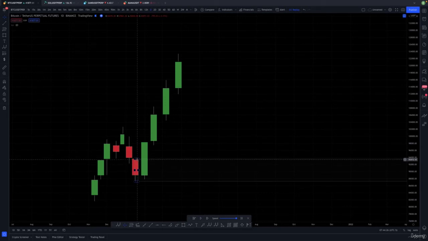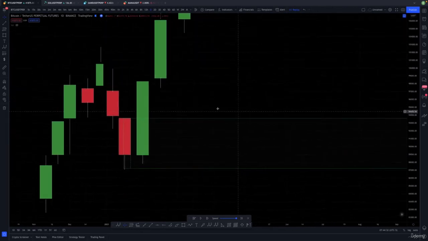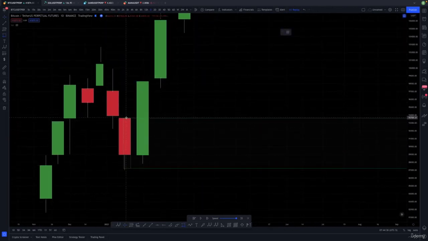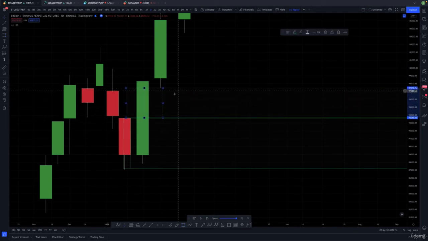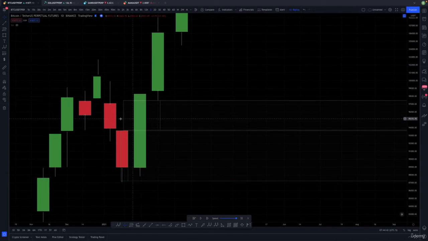That means that after the order block was created, it must have some imbalance area. As you can see here, there definitely is an imbalance area, right? Between this and this wick, this area is the imbalance area, so I will turn it white. So first, this is the last down candle before the strong push towards the upside. Second, it does contain some imbalance area immediately after the order block.